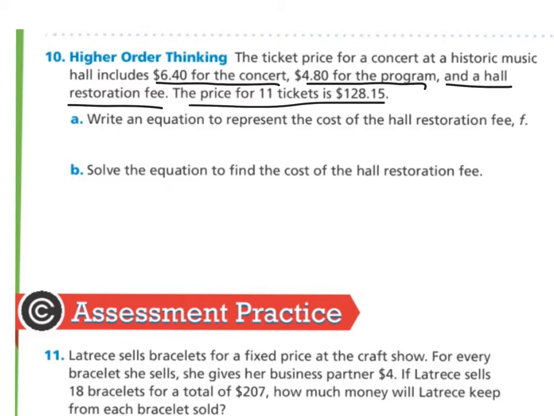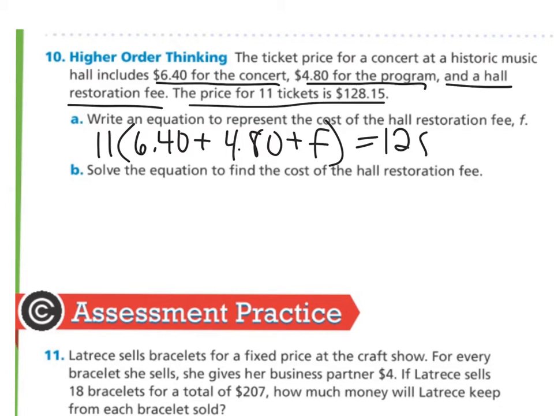Write an equation to represent the cost of the hall restoration fee F. So a couple different ways we could do this problem. One way, we have 11 tickets. Each of those tickets is going to have the 6.40, the 4.80, and that restoration fee. And that's going to be $128.15 altogether. We would be distributing then to solve this.